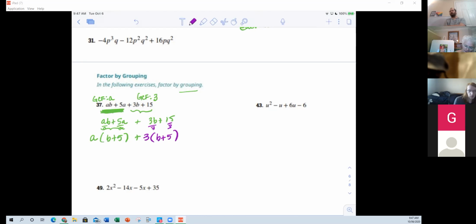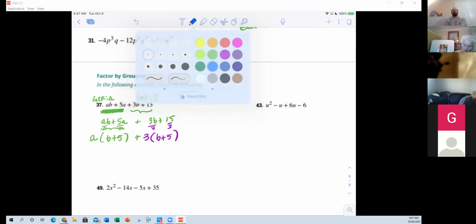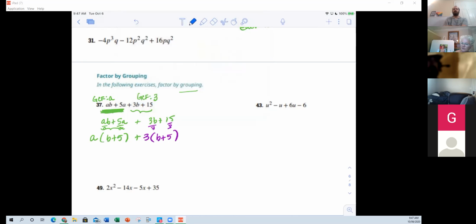Okay, so now we're continuing factoring. We look at both of these, A times B plus 5 and then 3 times B plus 5. What do they both have in common? B plus 5. They both have B plus 5, right? So I can factor out B plus 5.